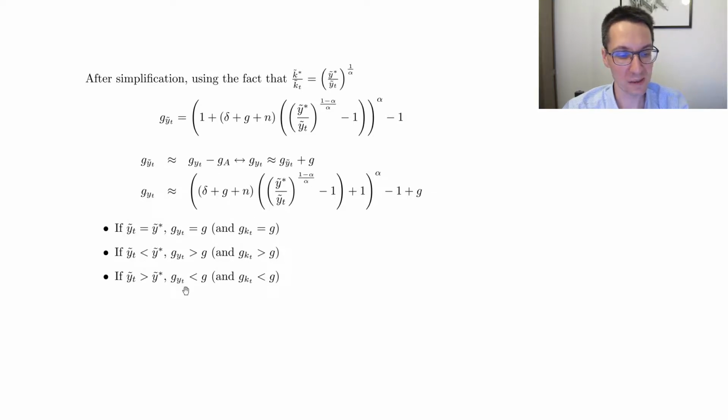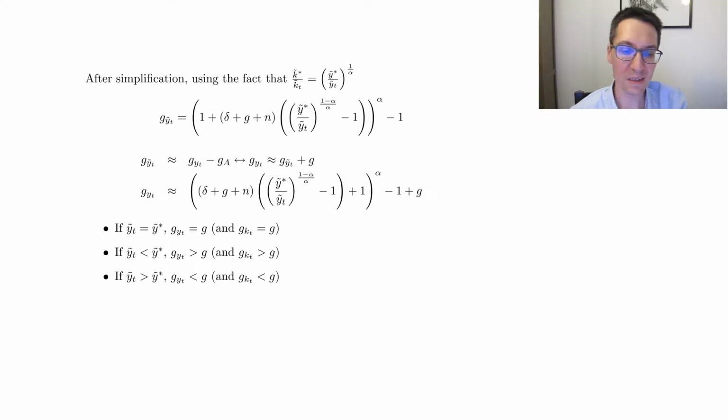So that's this condition here. And maybe more importantly, if a country is still catching up, so it doesn't have the same level of capital and output per capita as it would have in the long run, then its growth rate is going to be higher than g.